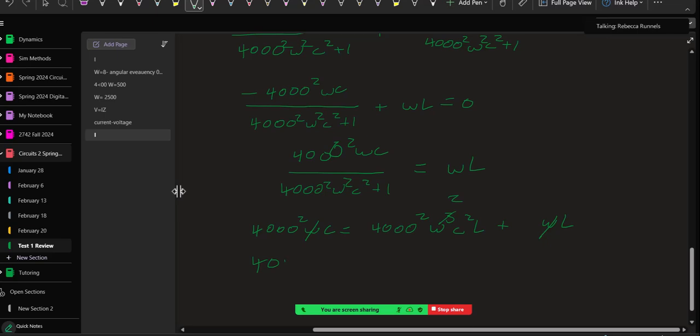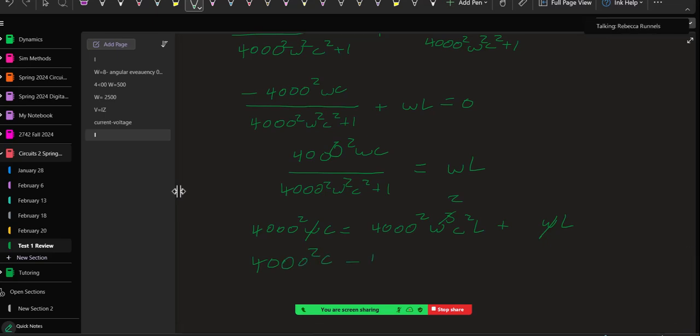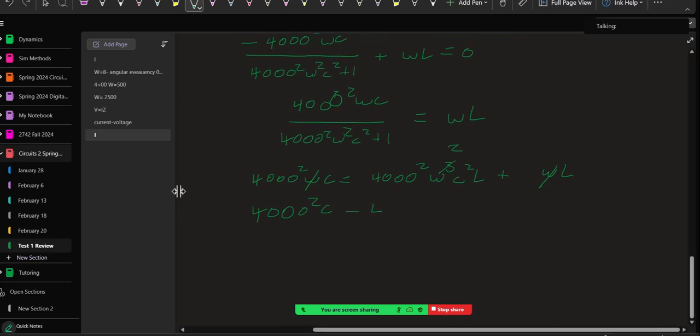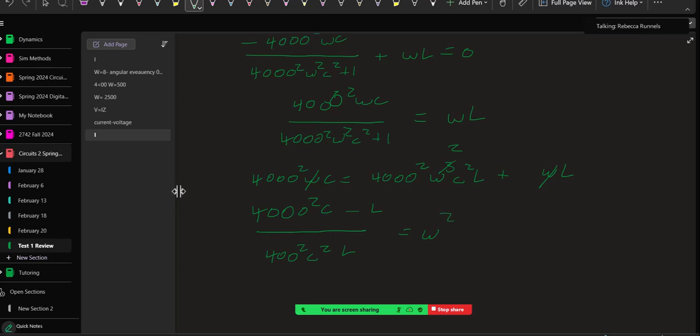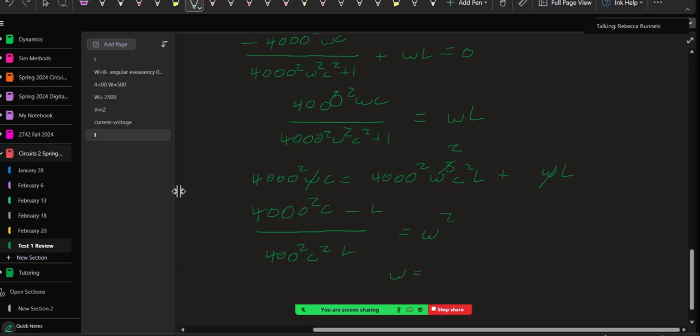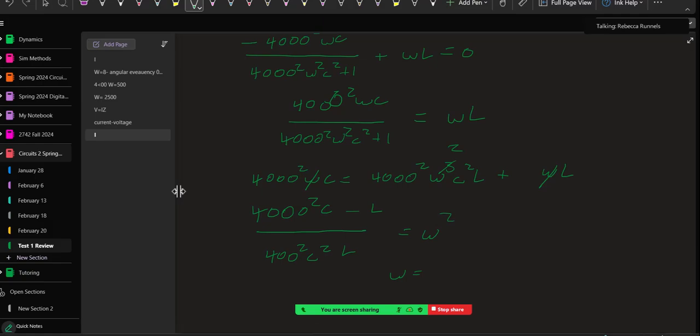And then you get 4,000 squared C minus L over 4,000 squared C squared L equals omega squared. And if I didn't make any mistakes, which is not likely, then you would solve for omega and you would get 400 after you plugged in for C.